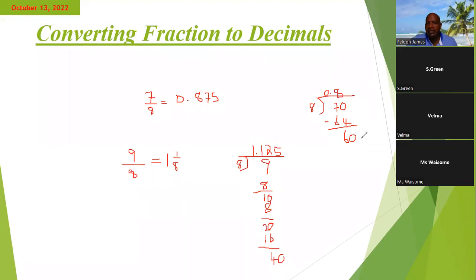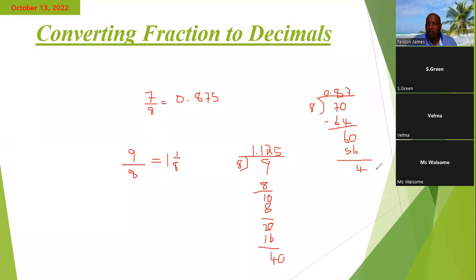And now we say 8 into 60 goes how many times? 7 times. So 7 times 8 gives you what? 56. All right. So now we're going to subtract 56 from 60. And then we get 4. Can 8 go into 4?